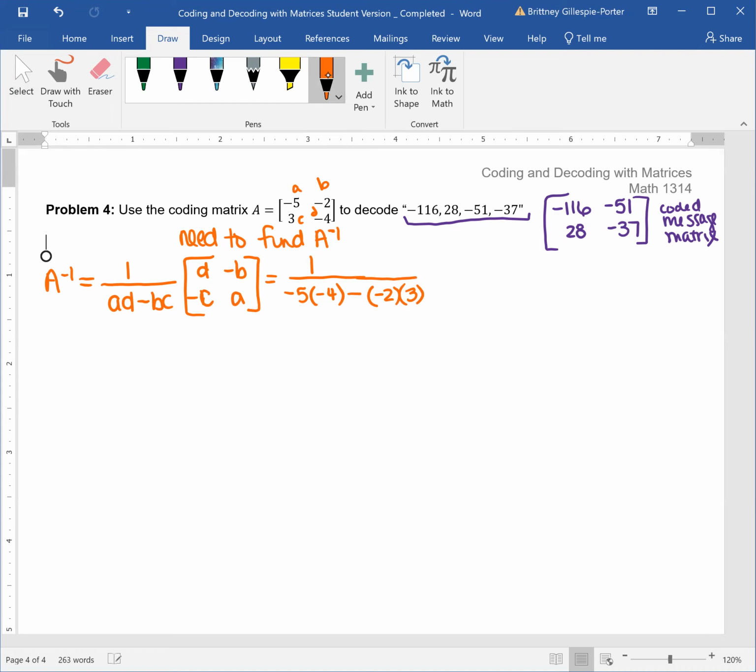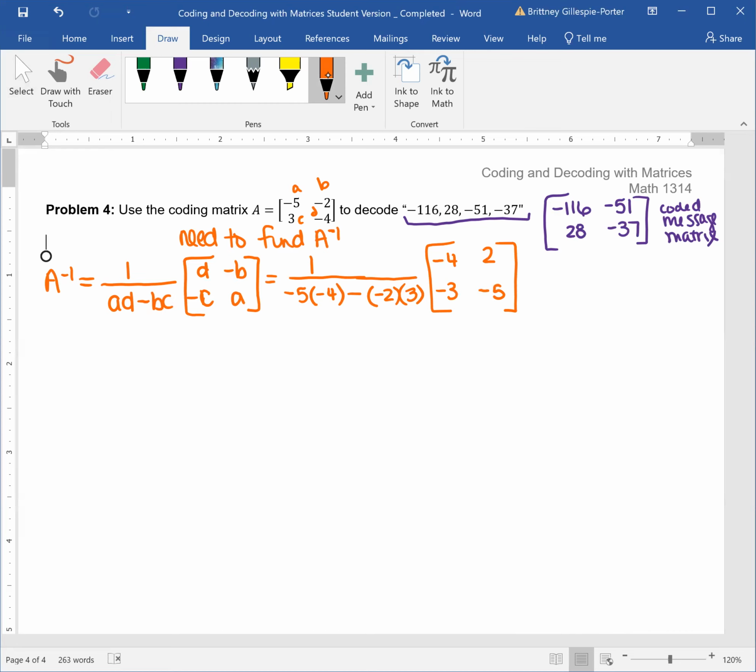Remember, we plug into the fraction before we do the crazy matrix, where -4 and -5 flip-flop on the main diagonal, and we negate on the backswing. So the 3 becomes negative, and since the 2 is negative, it becomes positive.